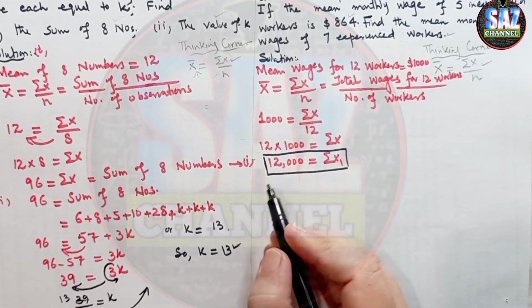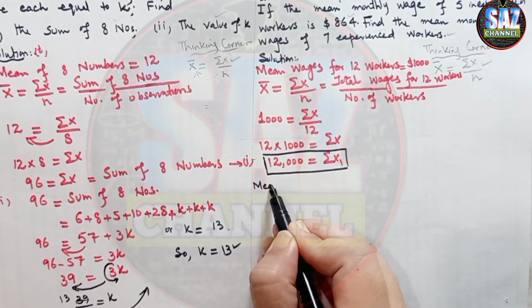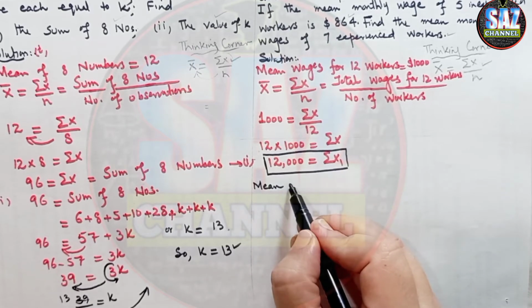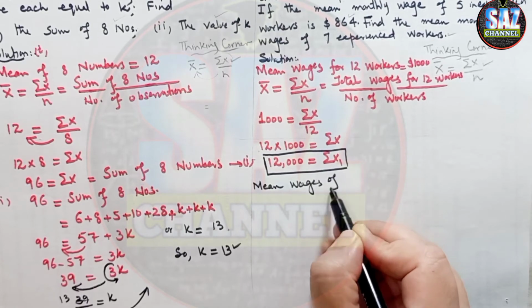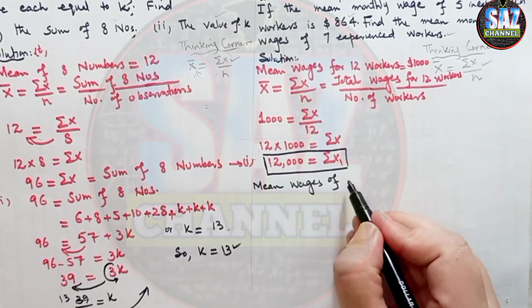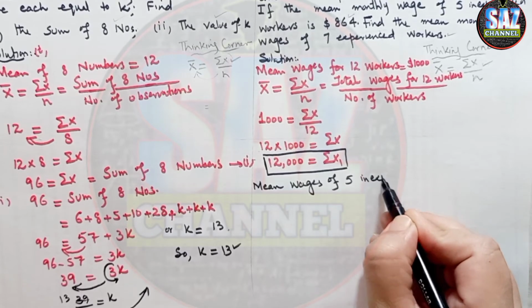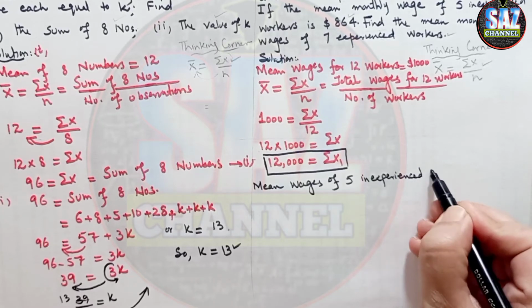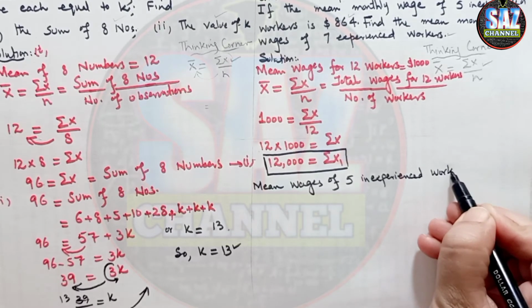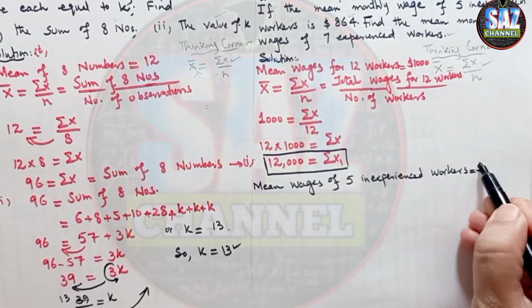Mean wages of 5 inexperienced workers, what is given in the question, is $864.